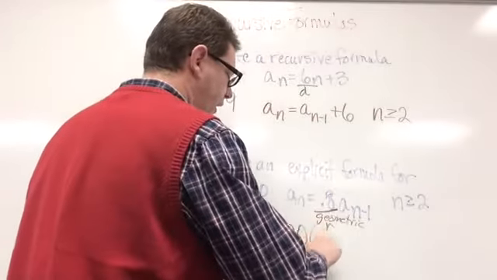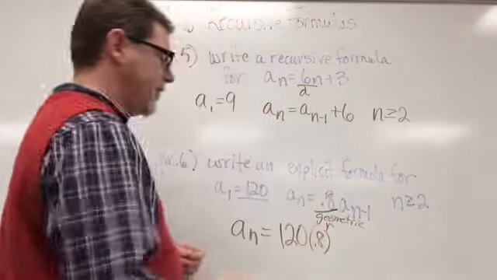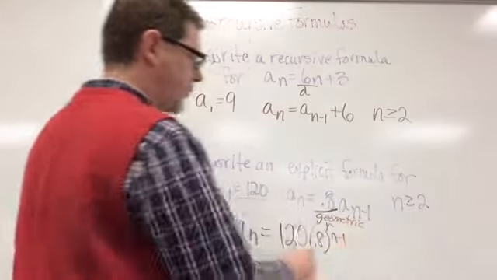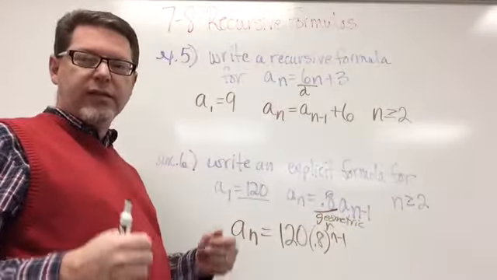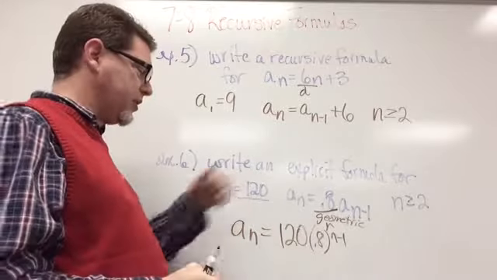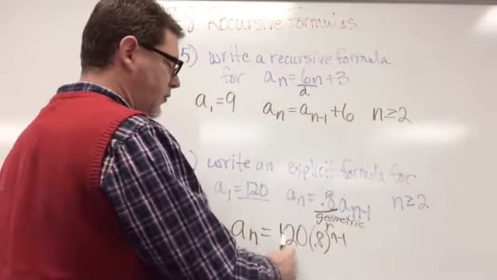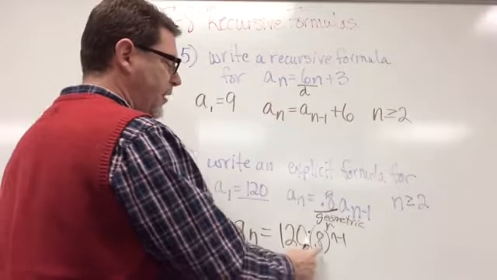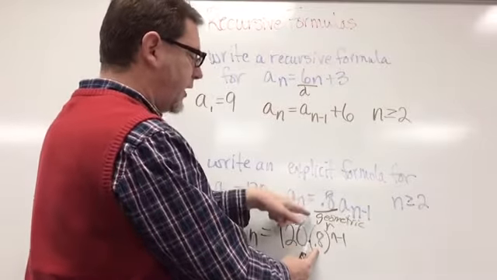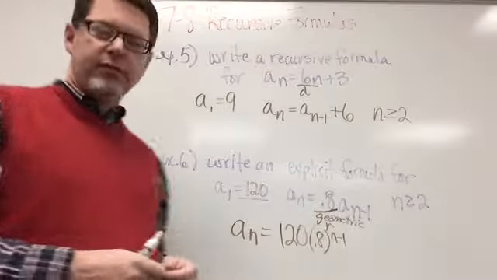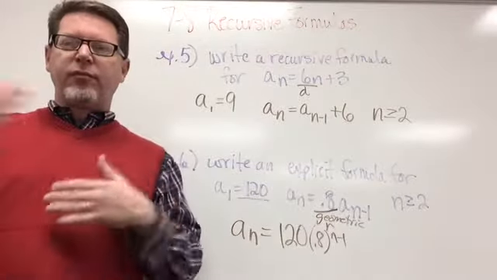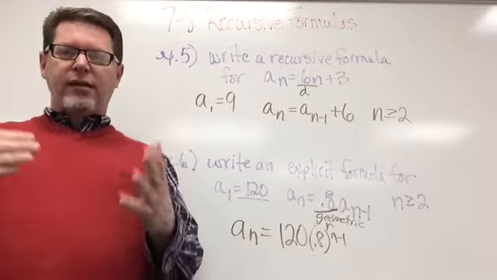R is 0.8 to the n minus 1 power. So the explicit formula for this recursive model is a sub n equals 120, which is my first term, times 0.8, which is my common ratio, to the n minus 1 power. And there we have, going back and forth between recursive and explicit.